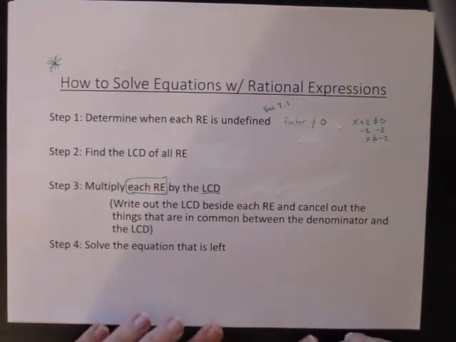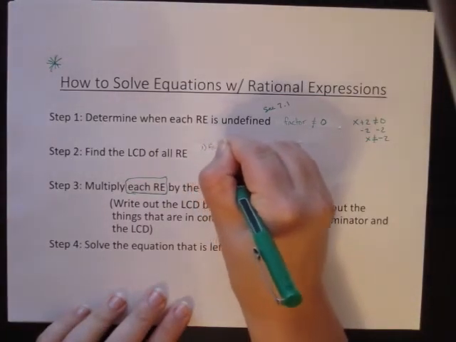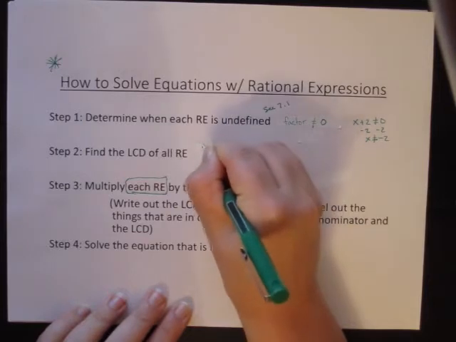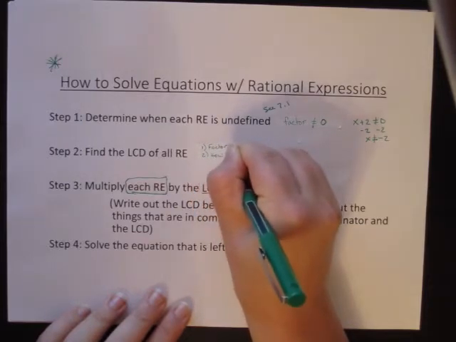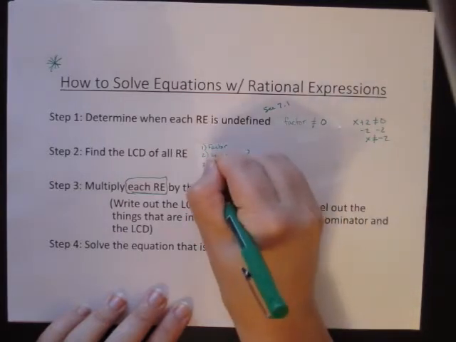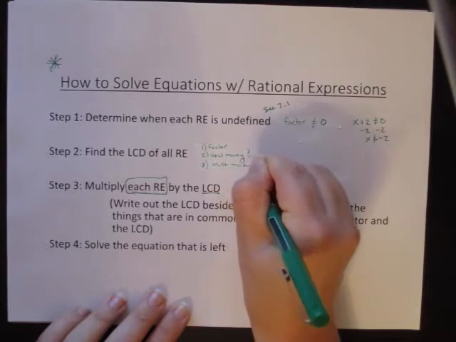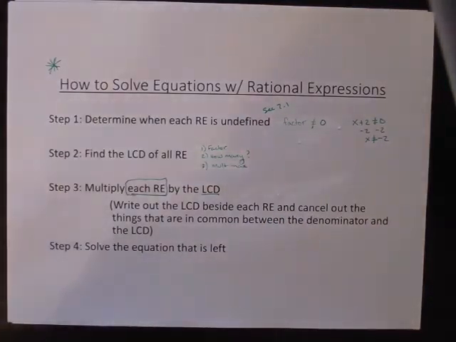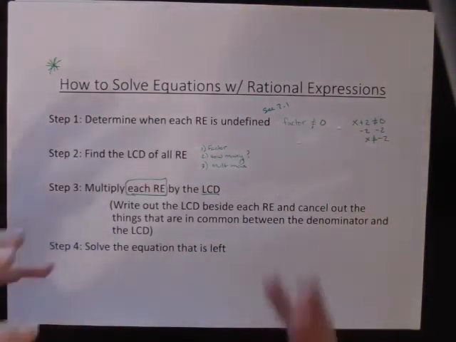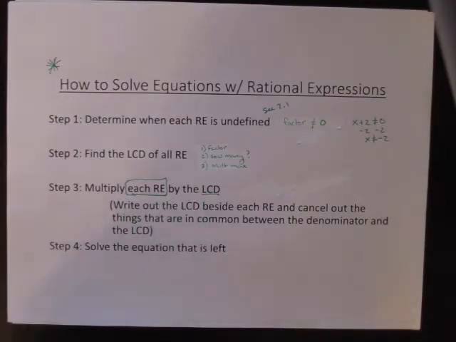Alright, step 2, you have to find the LCD for all rational expressions. Remember, to find the LCD, first you factor, then you ask how many are in each factor, and then you multiply the maxes. Okay, and that's how you find your LCD. Step 3 is so important. You multiply each rational expression by the LCD.